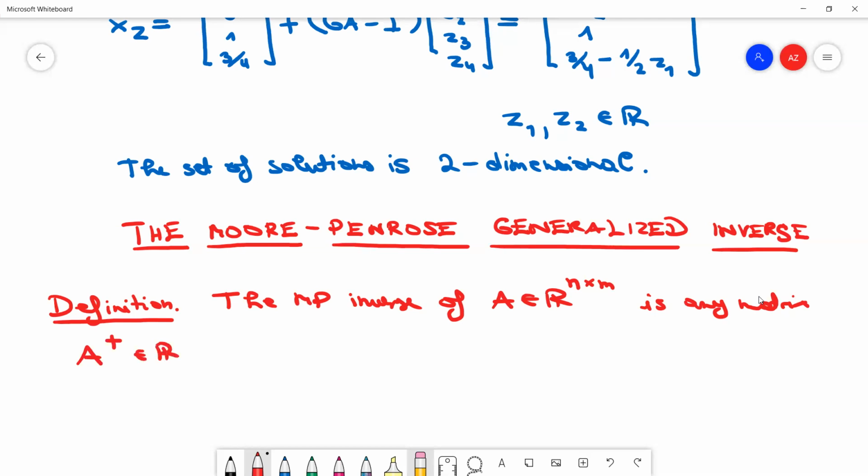Again, the number of rows and columns are switched because in particular it is a generalized inverse. It is any matrix satisfying the following four conditions.